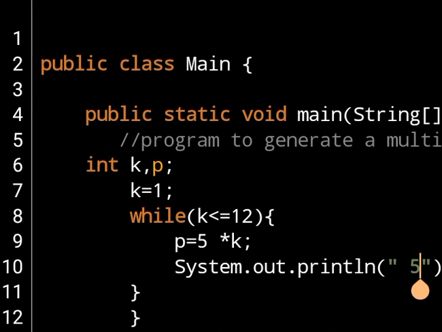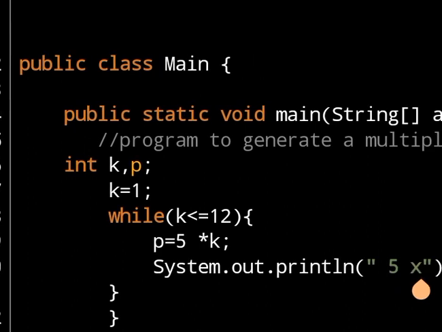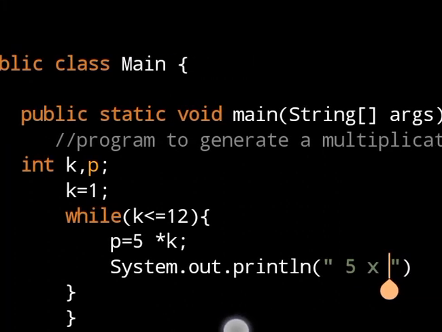which is 5 multiplied by, and that one is a literal, so we have to put it in quotes. So join it with the value of k, then multiplied.